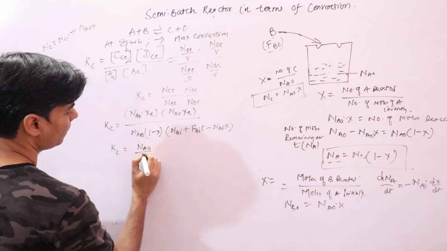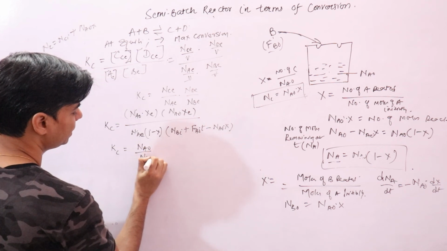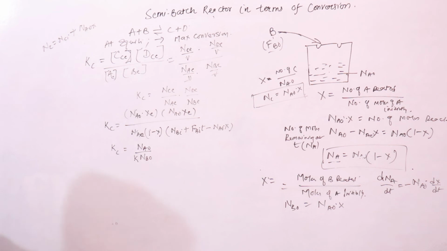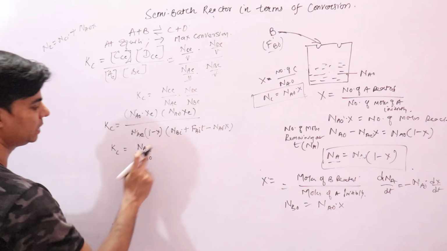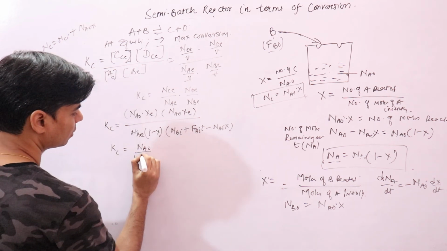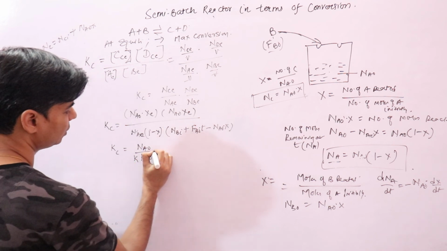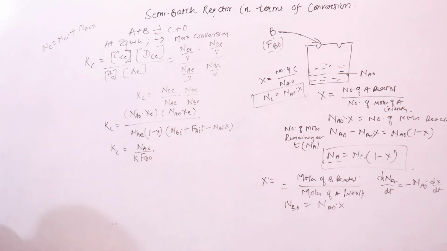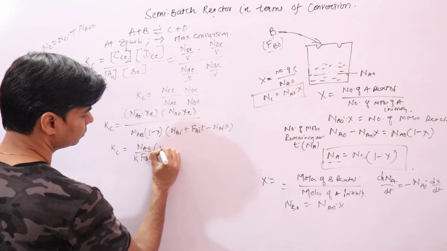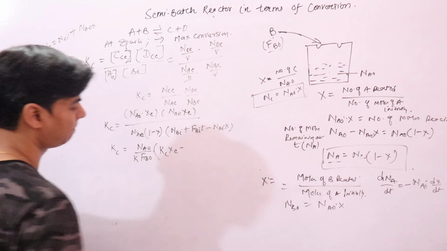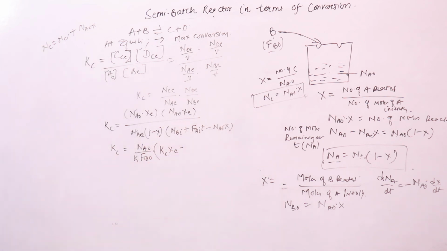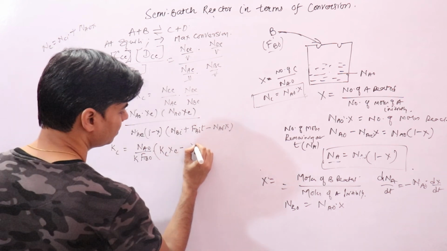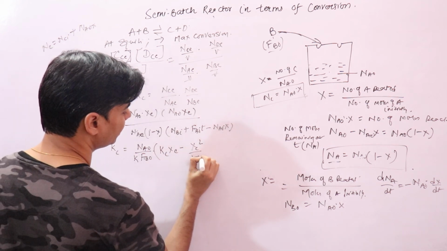If you solve this, you will get NA0 divided by FB0 K. Sorry, divided by, you have FB0 here. NA0 upon FB0 K, then you have Kc Xe minus Xe squared over 1 minus Xe.